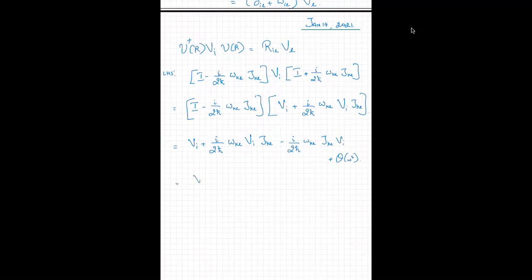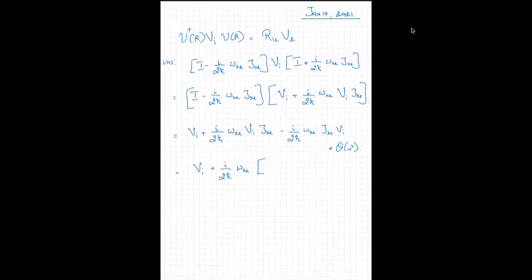I can write this as V_i plus i over 2ħ ω_kl times V_i J_kl minus J_kl V_i, which is the commutator of V_i and the rotation generators J_kl.